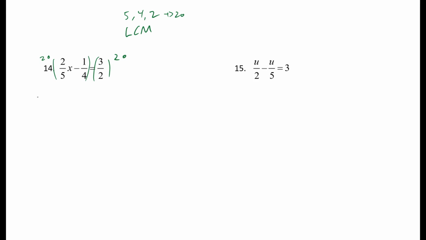and now we'll get rid of the fractions. So if I distribute the 20 on this side, we'll get 20 times 2/5 x minus 20 times 1/4 equals 20 times 3/2.